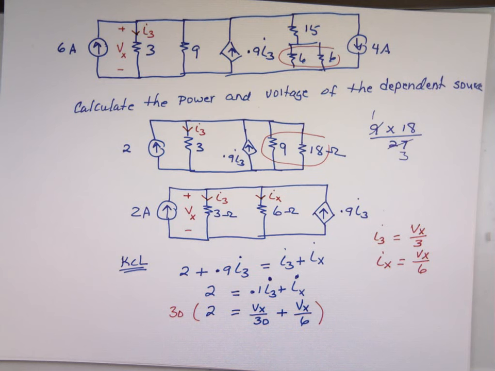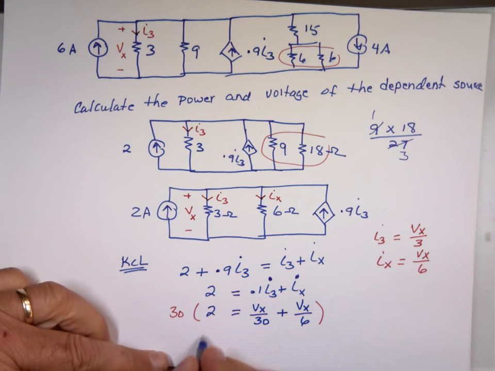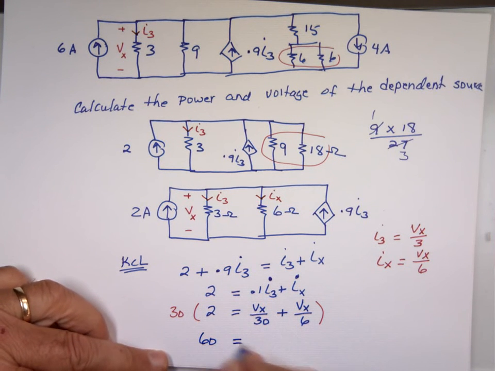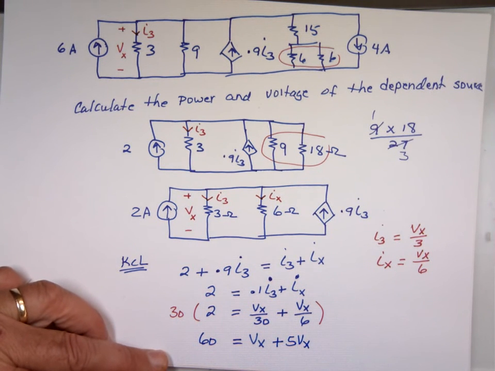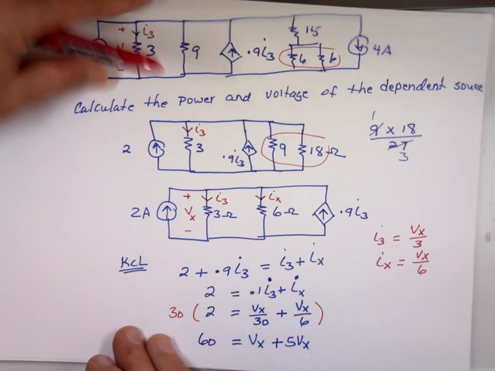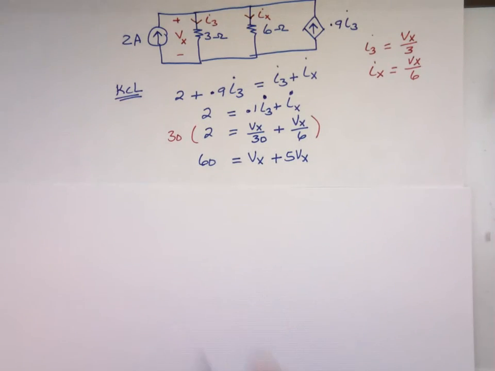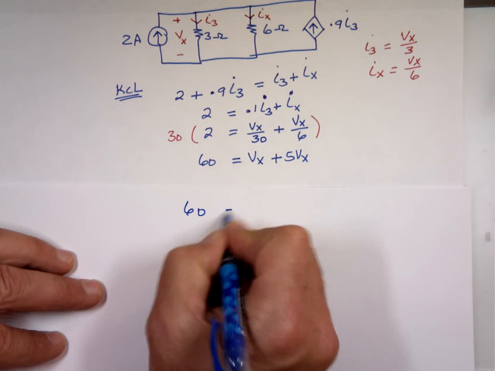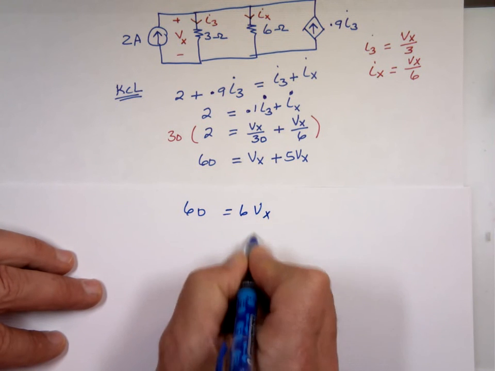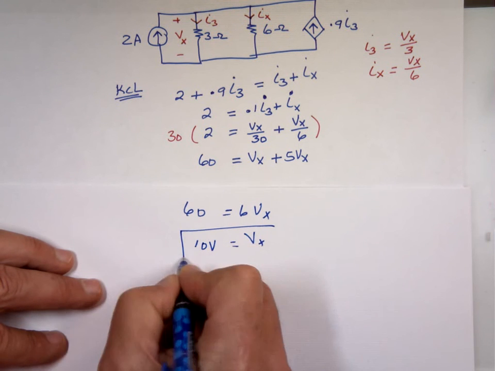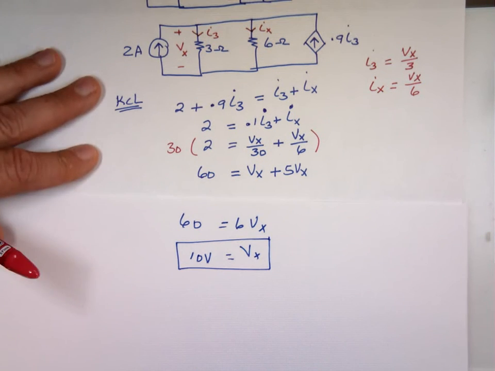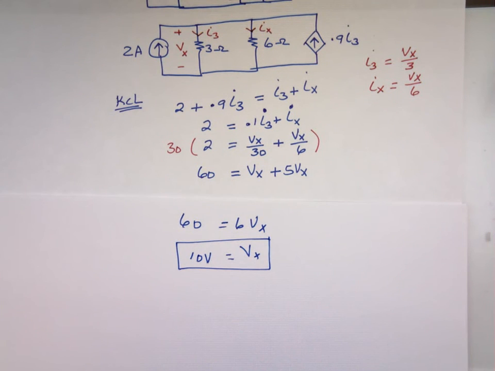What's 2 times 30? 60 equals what? Vx plus 5Vx. 60 equals 6Vx. Vx equals 10 volts. Beautiful, huh?